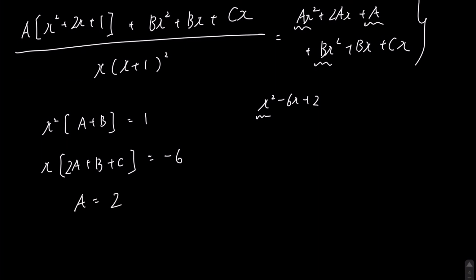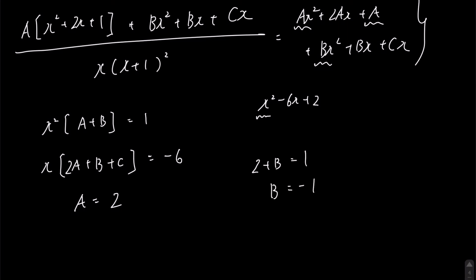And now we can do elimination, right? Since we know the value of A, we can put it in the first equation. So it's 2 plus B equals 1, and B equals negative 1.